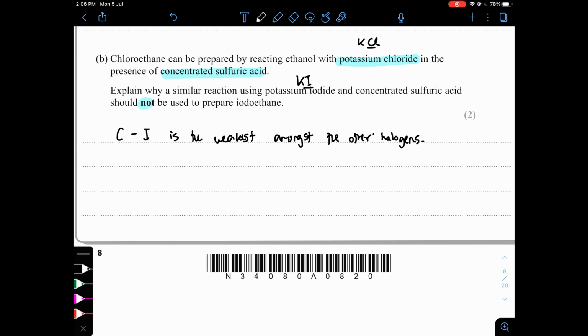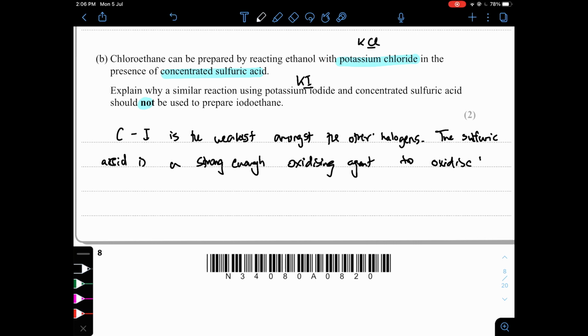So we can say that the sulfuric acid is a strong enough oxidizing agent to oxidize the iodide ions into iodine.